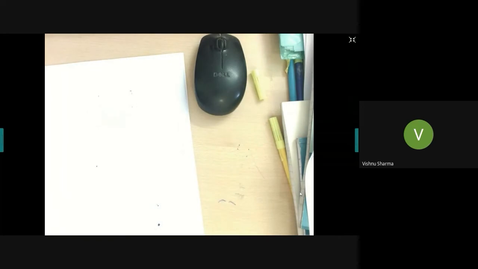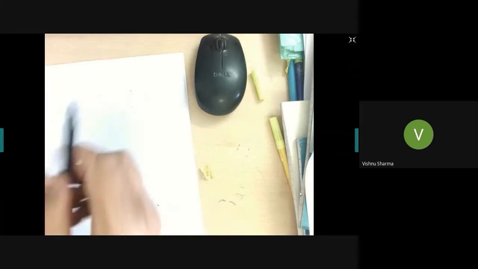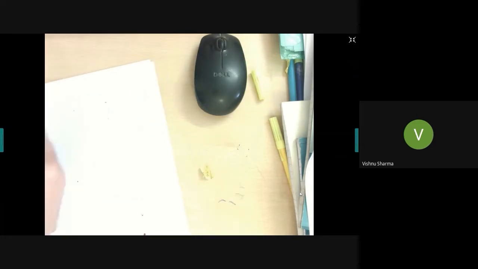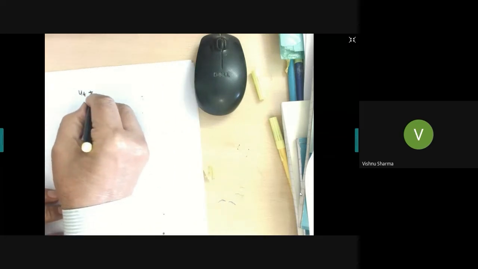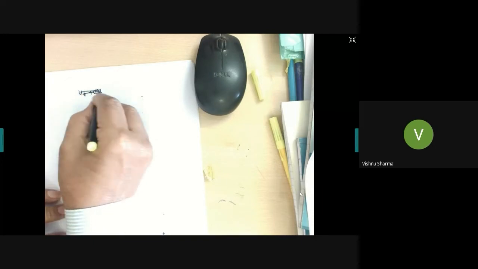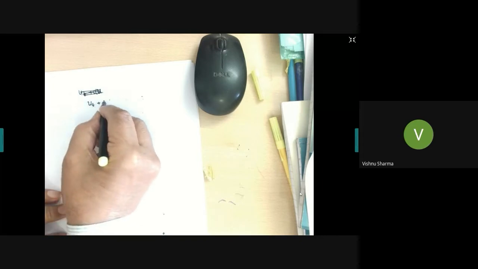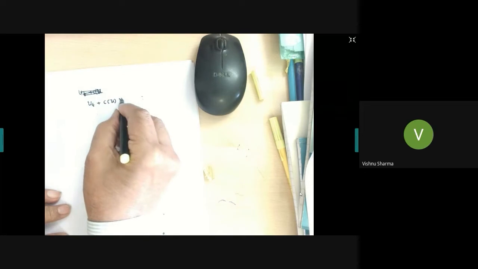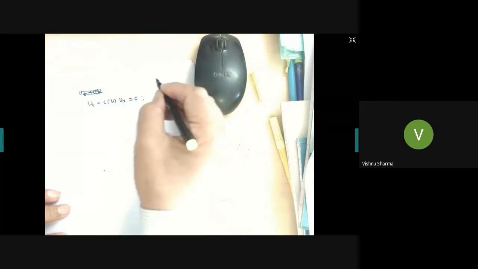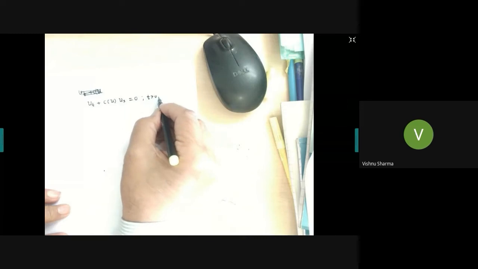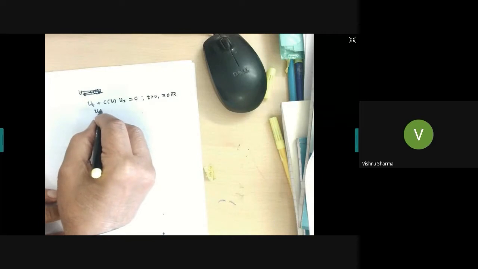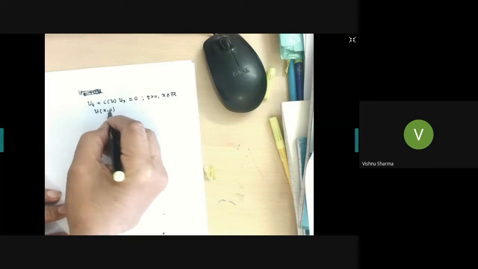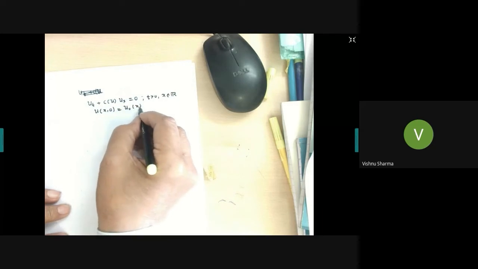So yesterday we were talking about this system, u_t + c(u) u_x = 0, here t greater than 0 and x is in R, and at t equal to 0, this is u naught of x.